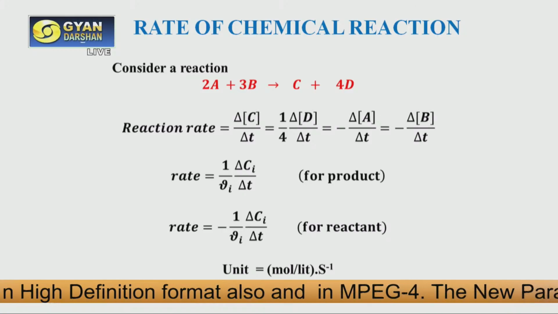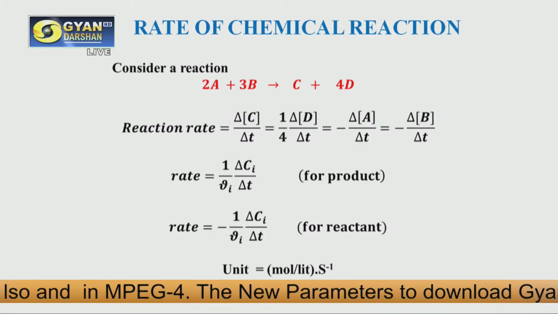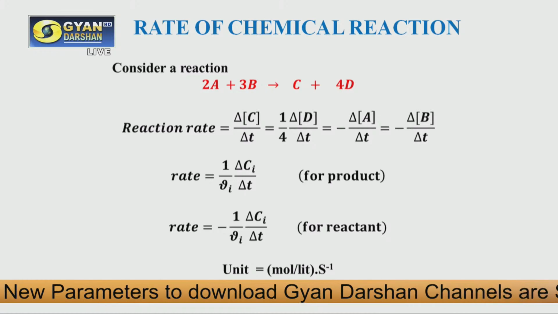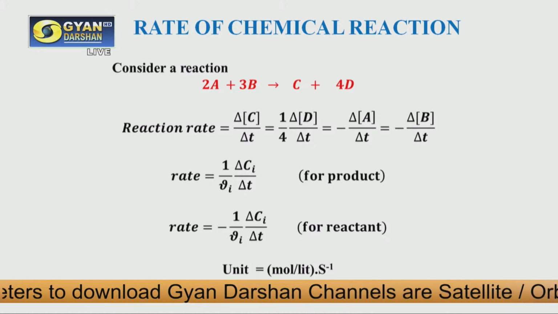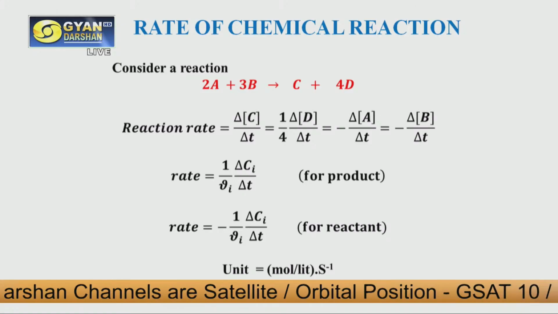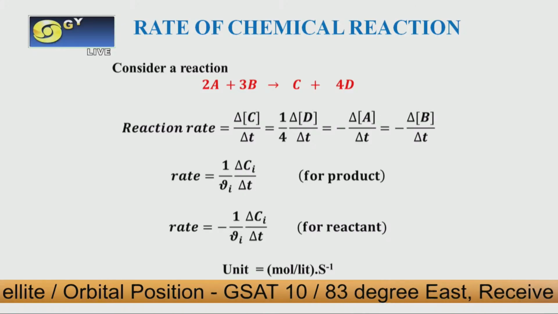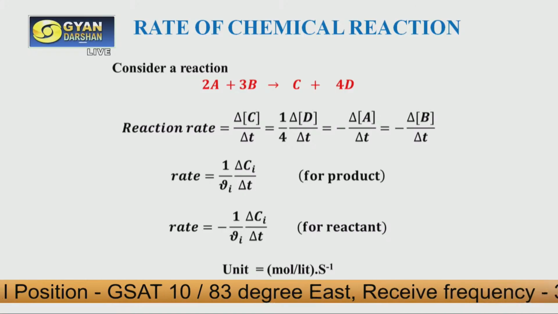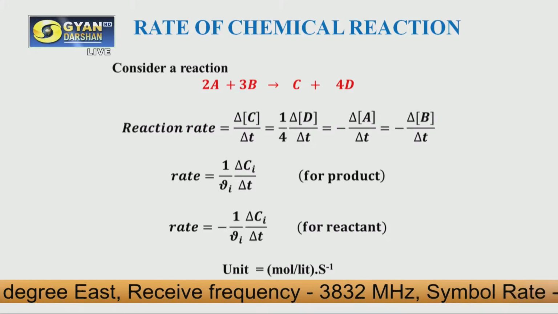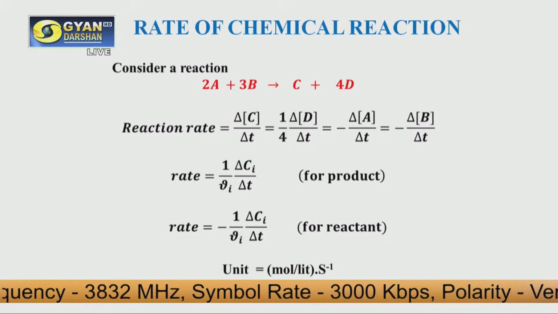Again, if we want to write in terms of A, then we write minus 1 by 2 delta A by delta t, and if we write in terms of B also, then it is equal to minus 1 by 3 delta B by delta t. So simply, in the reactant case, if we want to write the rate, then the general formula should be negative.